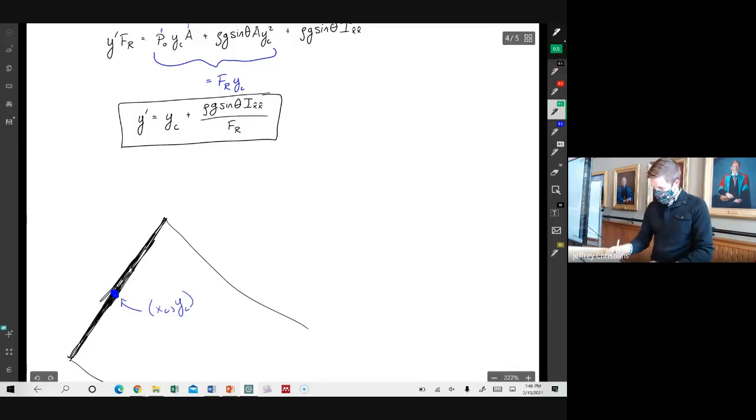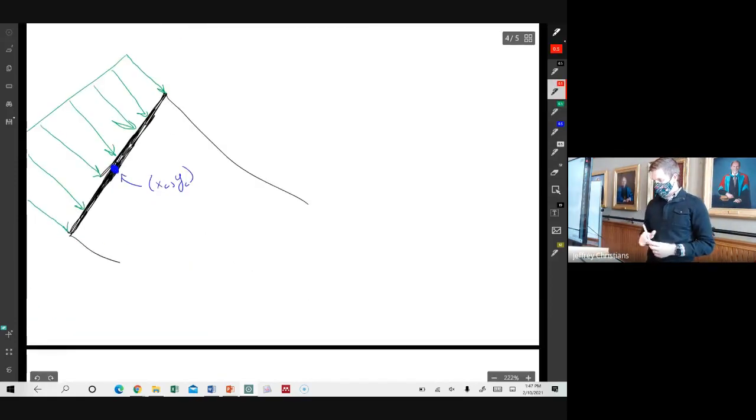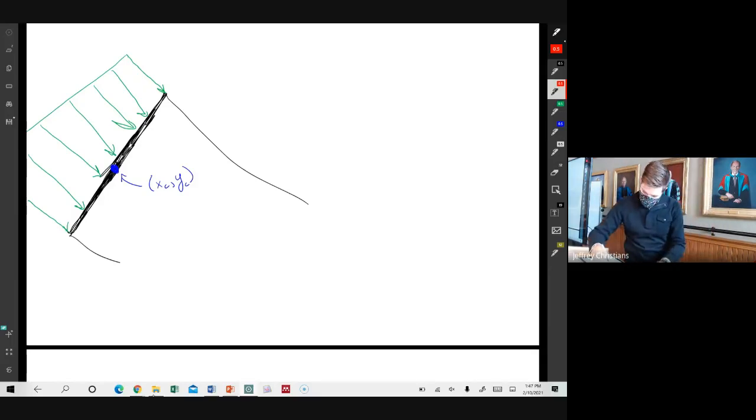We have a linearly increasing pressure, a distributed load that's linearly increasing as we go down, which means the resultant force is weighted a little bit below the centroid, maybe something like there.